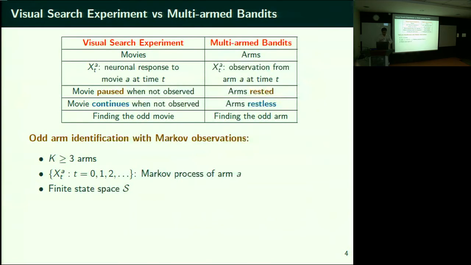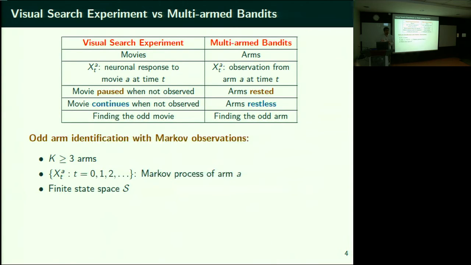What is the state here? It's the neuronal response, as I said. But in the movie example, the dots are placed at random locations and white Gaussian noise is added to that. There is a certain drift that is provided to them. This white Gaussian noise makes it uncountably many possible values for the state of each frame. But for the purpose of analysis, let's bring it down.